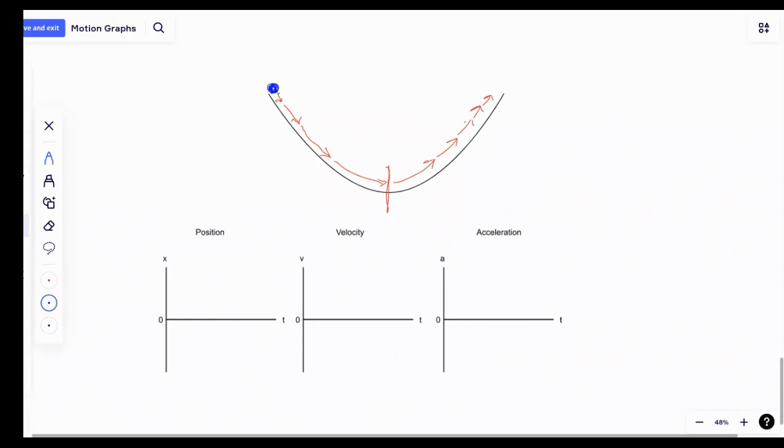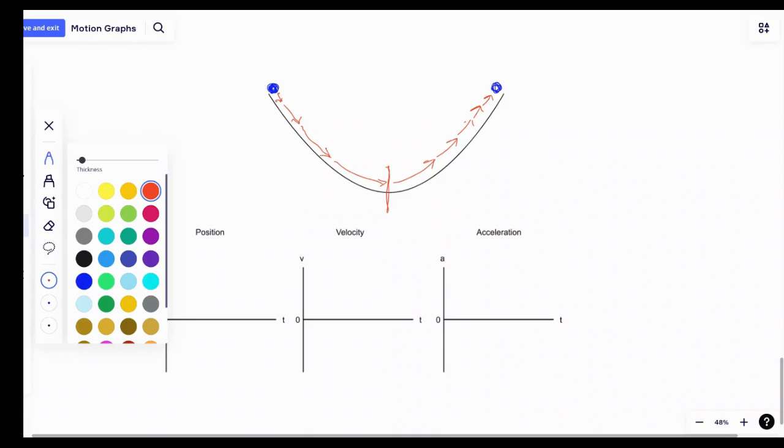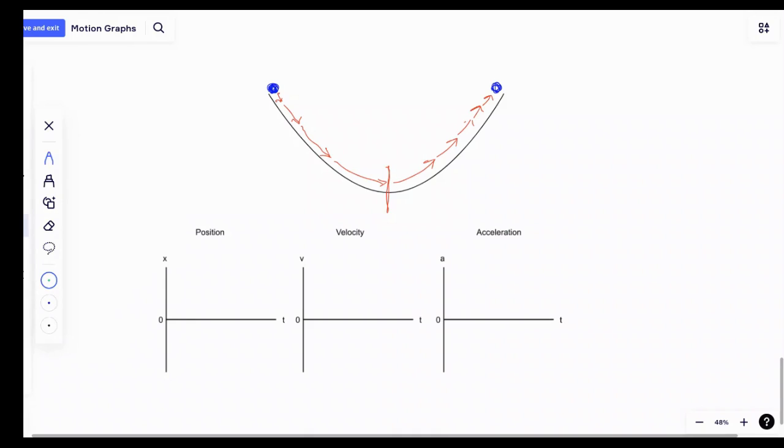It gets all the way to the top of this hill, and then it turns around and starts gaining velocity in the negative direction. It's repeating the pattern, but in the opposite direction. So you're going to have symmetry, the same shape, but a mirror image.